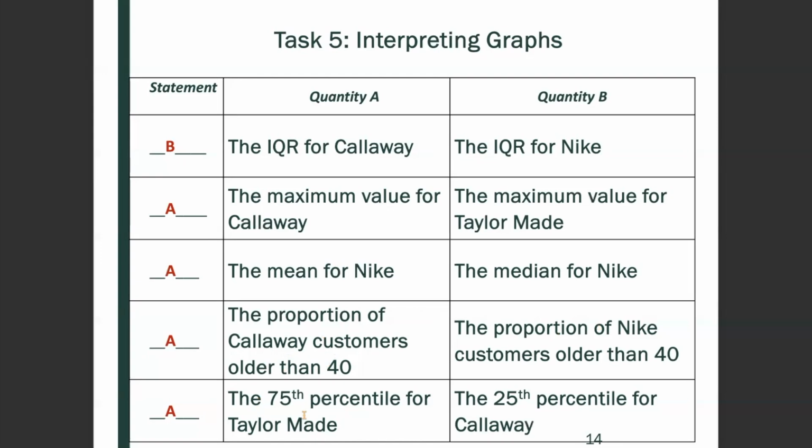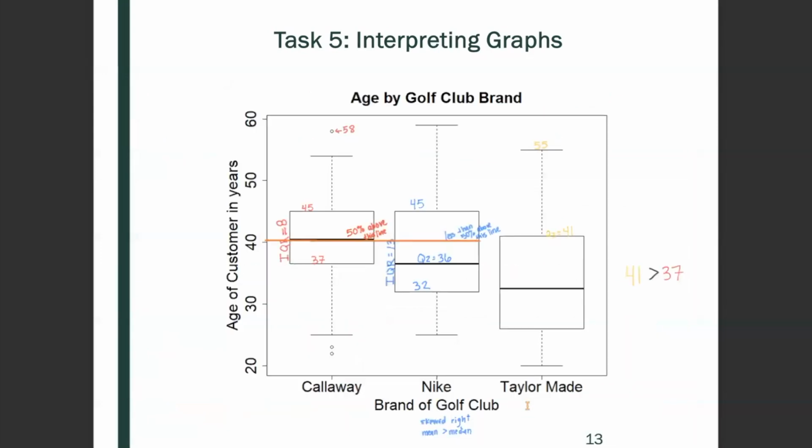Okay, and then lastly is to compare the 75th percentile for TaylorMade and the 25th percentile for Callaway. The 25th percentile for Callaway is 37, and the 75th percentile for TaylorMade is 41.